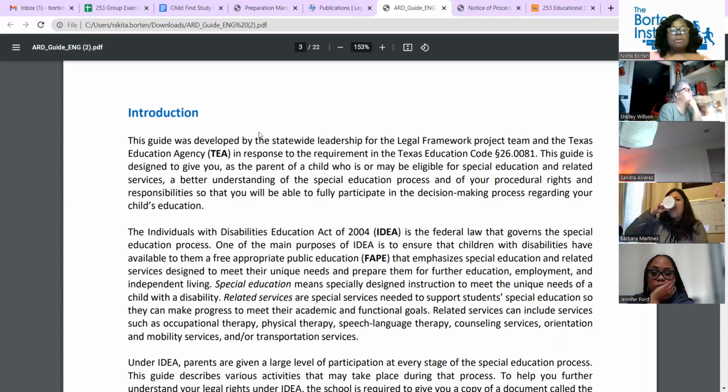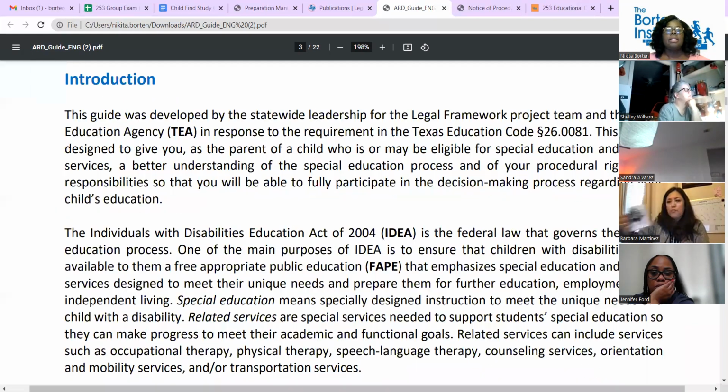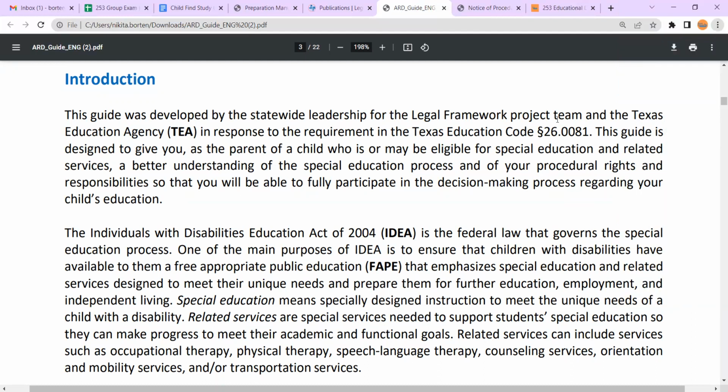Okay, so it says this guide was developed by the statewide leadership legal framework project team, and by TEA in response to the Texas Education Code.